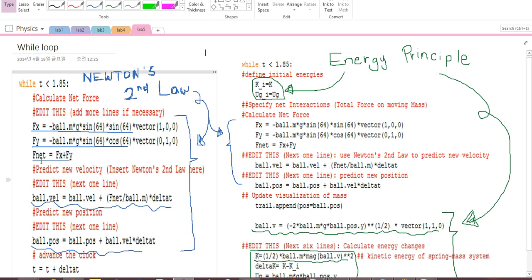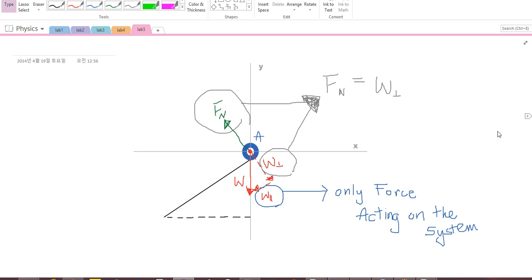First, I separated the net force into two components because the ball is sliding down at an angle. So only the weight force acts upon the system, and therefore the weight force perpendicular cancels out with the normal force, and only the weight force parallel is acting upon the system.